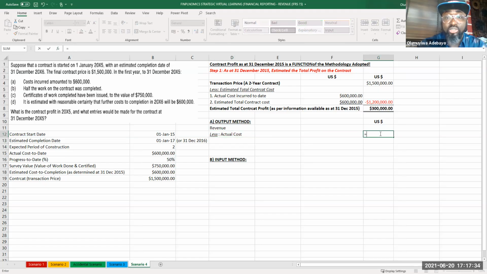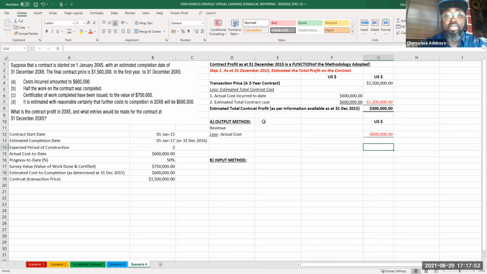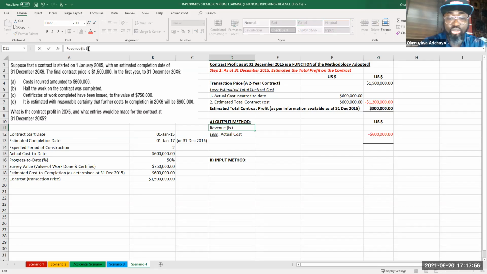My actual cost as at 2015 is 600. But my revenue is to be determined as shown below.